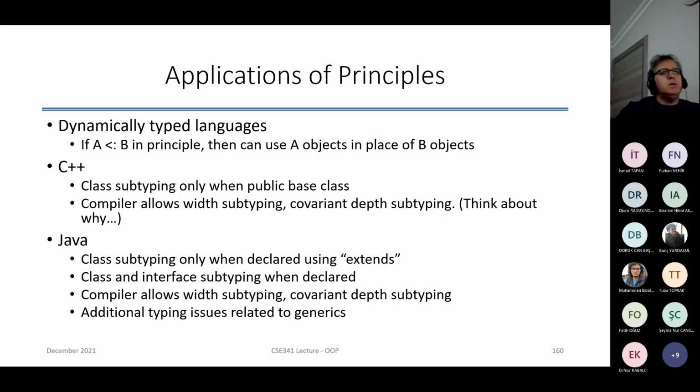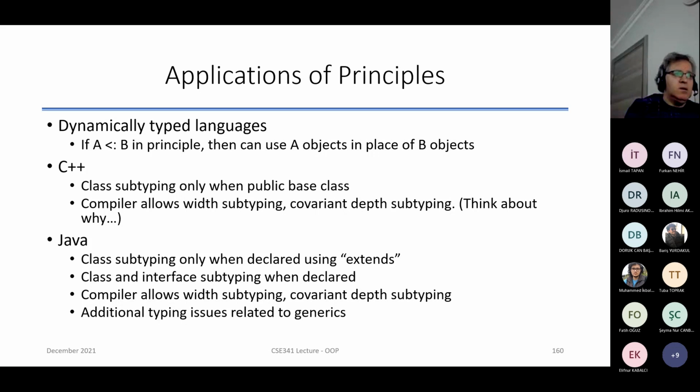All right. So when we compare C++ and Java: in C++, class subtyping applies only when a public base class is used. The compiler allows subtyping and covariant subtyping.